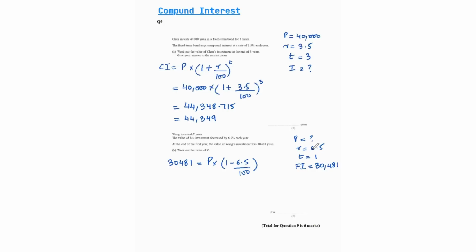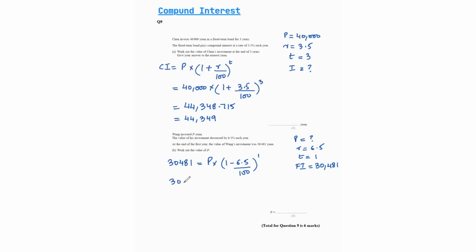Why 1 minus 6.5 over 100? Because it's decreasing by 6.5%. So we subtract. In compound interest, it's increasing each year. Now it's decreasing. So T is going to be 1.